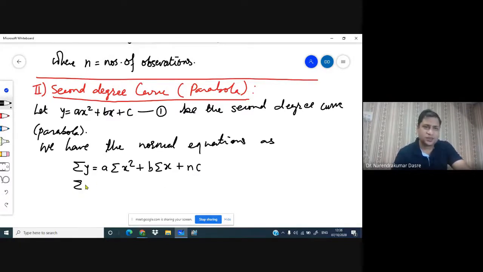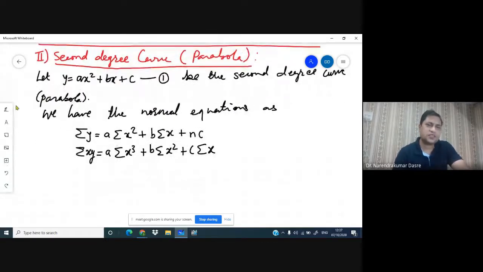Then you'll have summation xy. Multiply this by x and take the summation. So you'll have a times summation x cube, b times summation x square, c times summation x. Again multiply by x, so now you will have to multiply this by x square. So what will I have here?